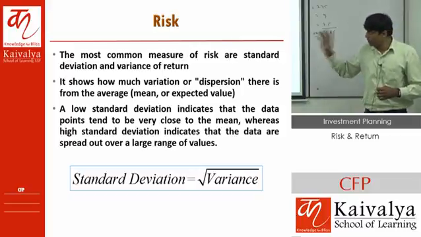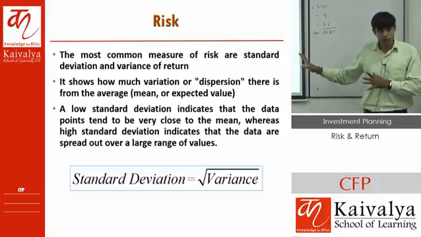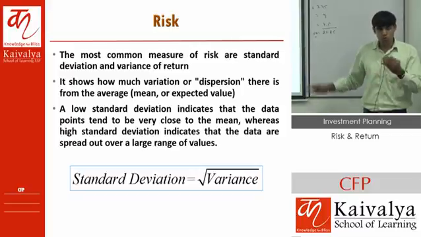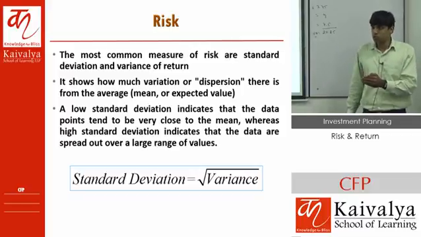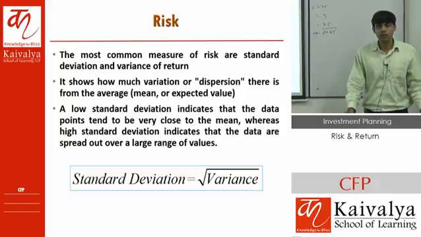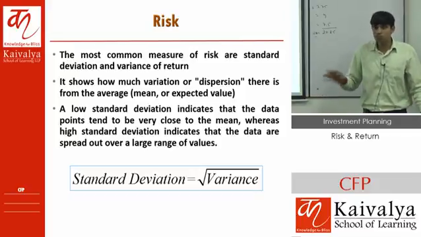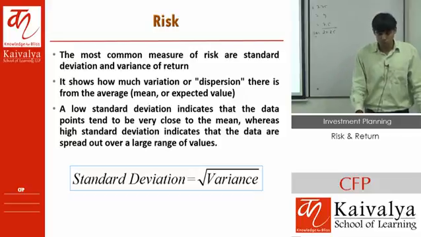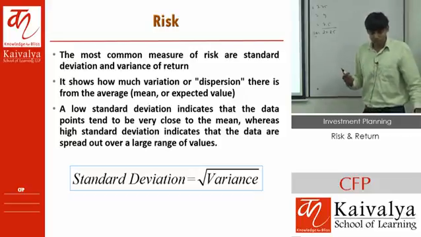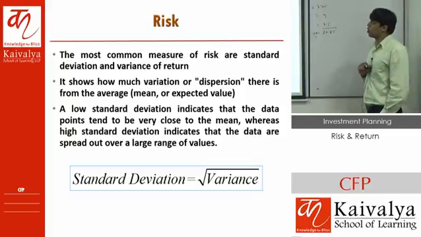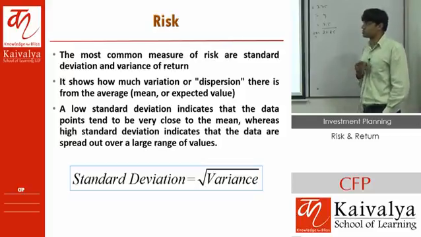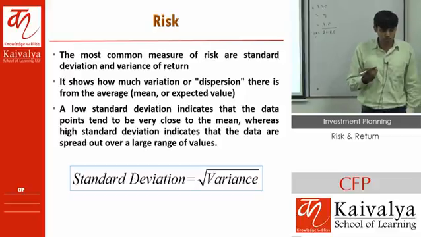So it clearly says that you should know how to do this. You should know how to interpret the outcomes, but they don't feel like testing how to calculate standard deviation. But still we do some questions in class so that we understand how this goes, so interpretation becomes better. So the most common measure to calculate risk is standard deviation and variance.